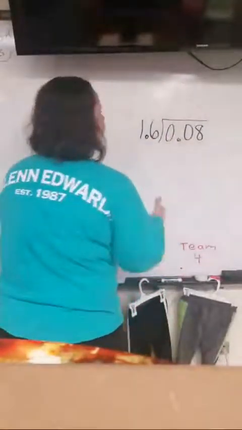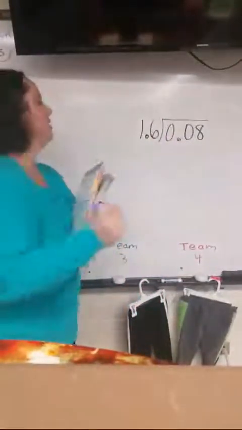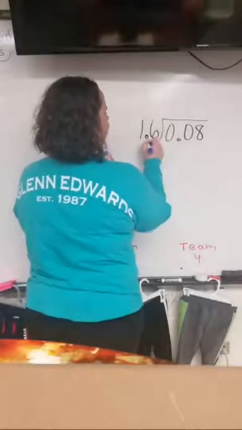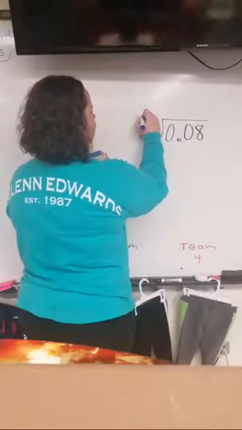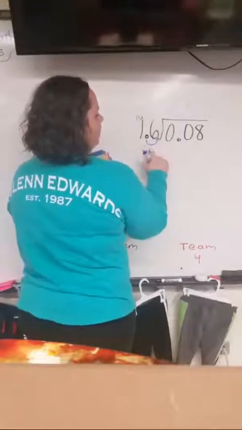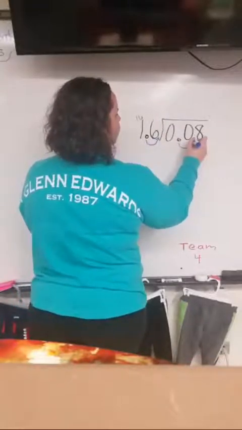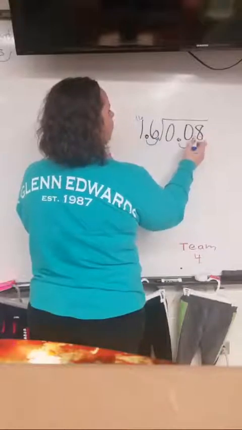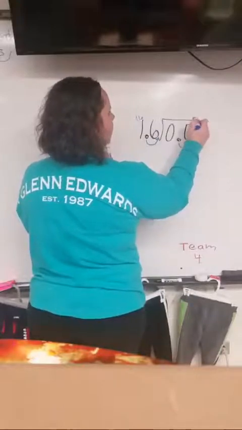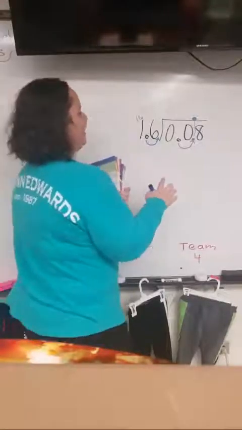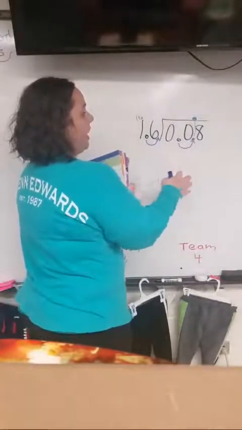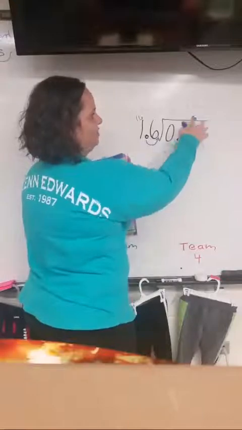All right, so to do this one, I need to slide my decimal to get a whole number. So now I have the whole number 16. So what I do outside, I have to do inside. So I'm going to slide there, and then I'm going to raise the roof. I hope you guys can hear me when my back's to you, sorry. Okay, so now I still have zeros in front of my decimal.